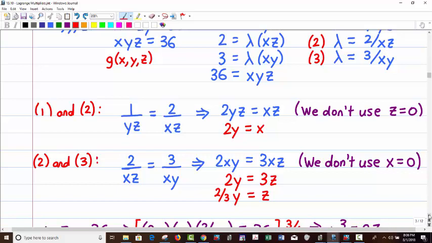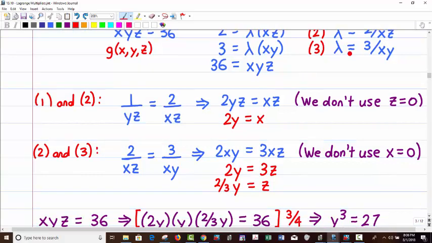So there's one substitution we'll use. You take 2 and 3, these bottom two, you have 2 over xz equals 3 over xy. Cross multiply, 2xy equals 3xz. Divide by x gives me 2y equals 3z, so z equals 2/3 y.